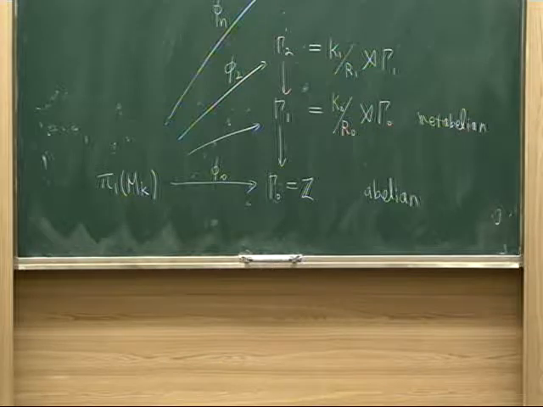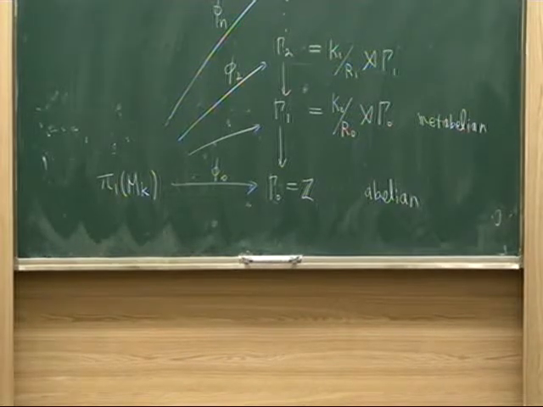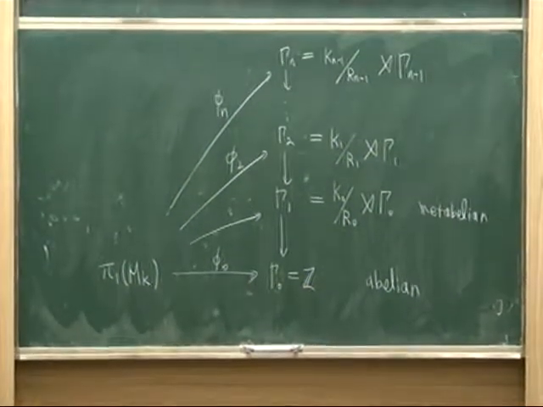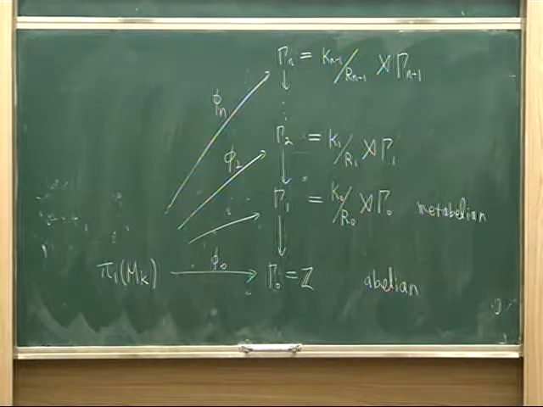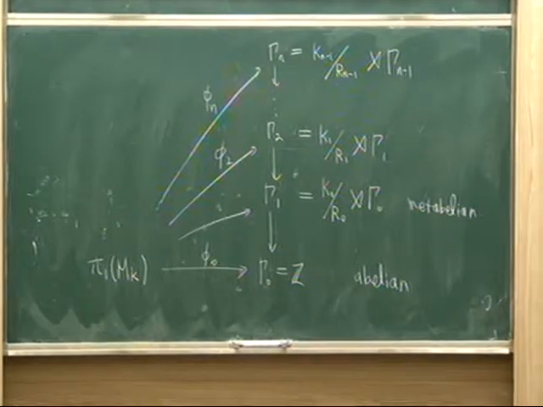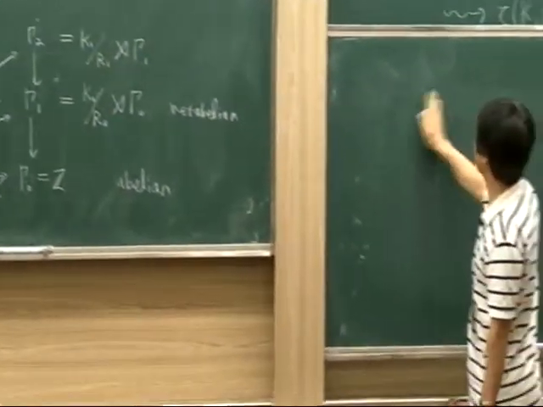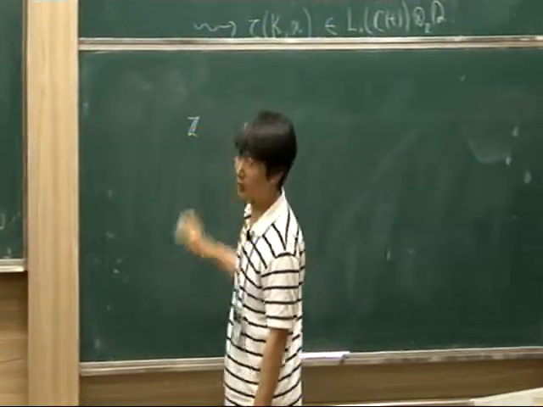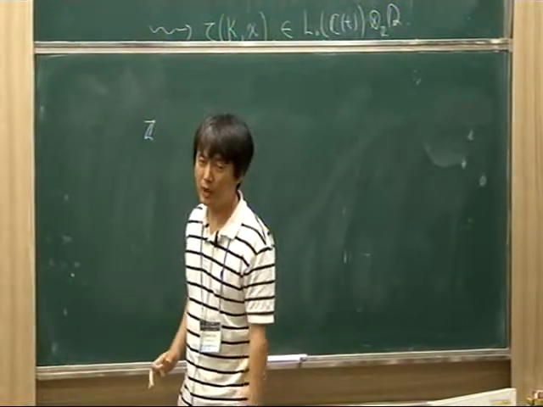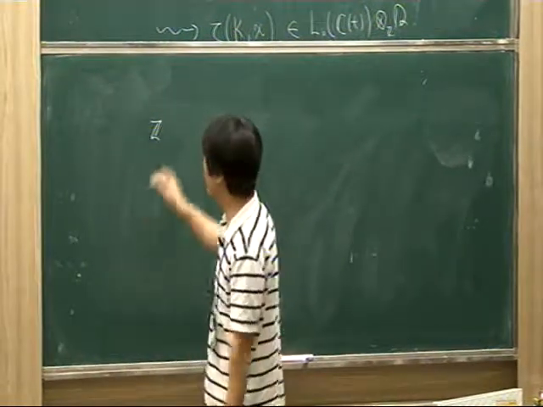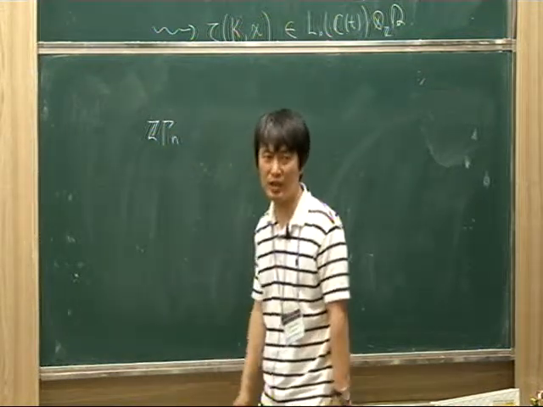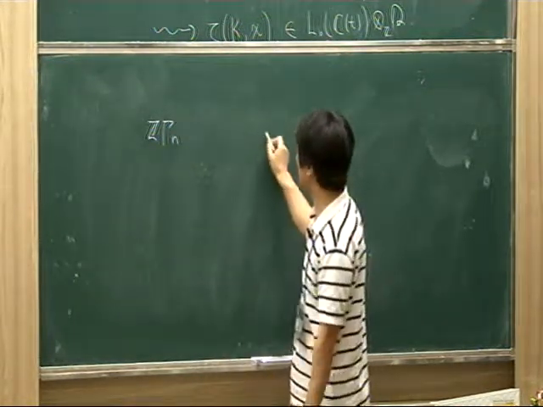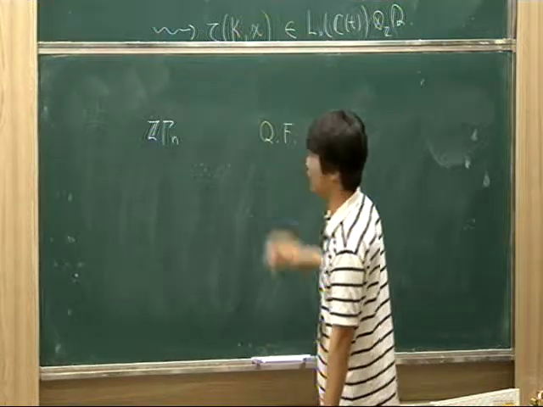So, what is Rn and Kn? When you have gamma n, they are inductively defined. Everything is inductively defined. So when you have gamma n, we can think of the group ring Z gamma n, and we can think of the quotient field.